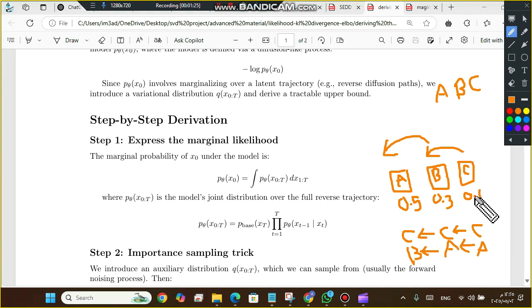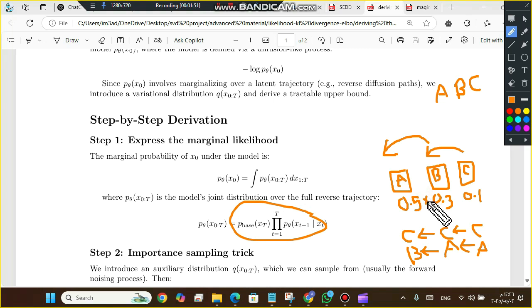So if the probability of C was 0.1 and the probability of B was 0.3 and the probability of A was 0.5, then as you know, the probability of this whole path is what? Is the multiplication, as we see in this formula, of those three probabilities.